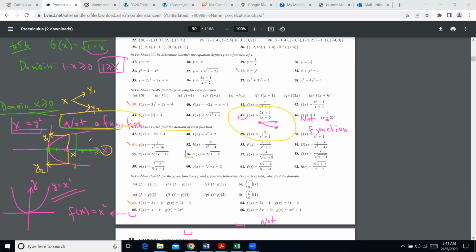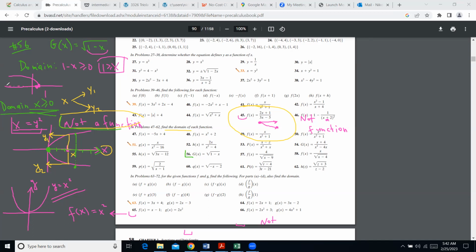Just like I did in the previous exercises, I graphed those parabola-like functions. And it turns out that the domain here will also help me to graph this parabola-like function, which is actually going to go to the left, because notice that x is from 1 all the way to the left.